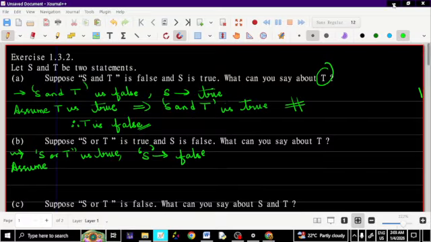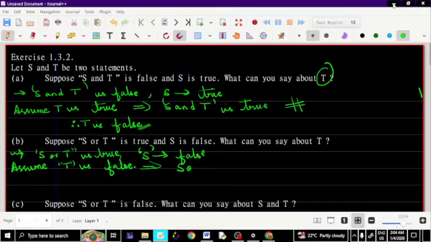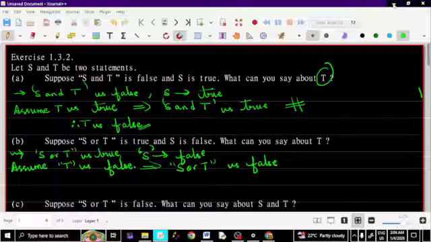So if you assume that the statement T is false, then we already know that S is also false. So since both the statements are false, that will mean S or T is also false. Because for S or T to be true, at least one of the statements S and T has to be true.